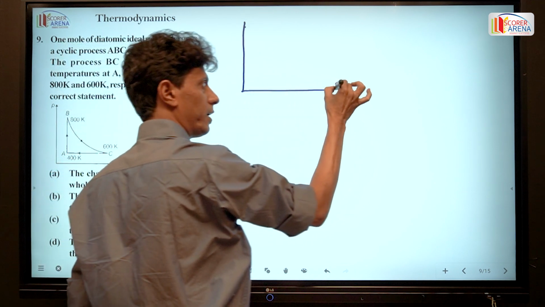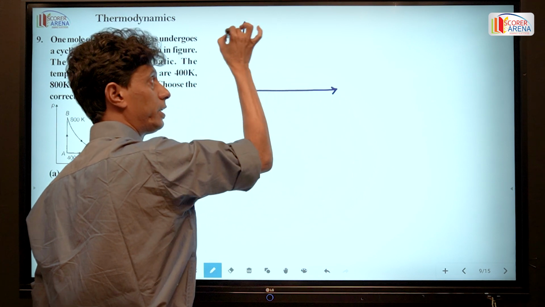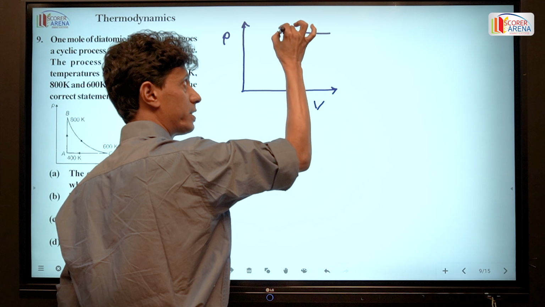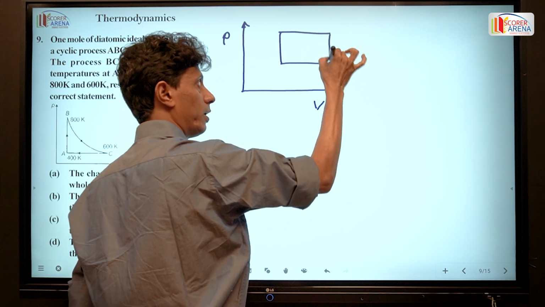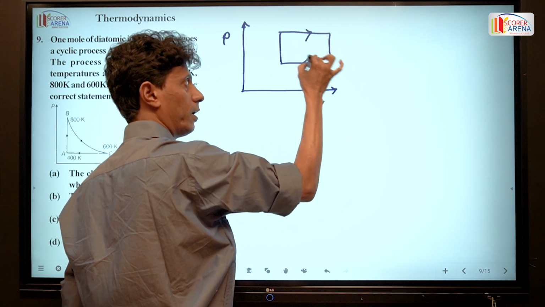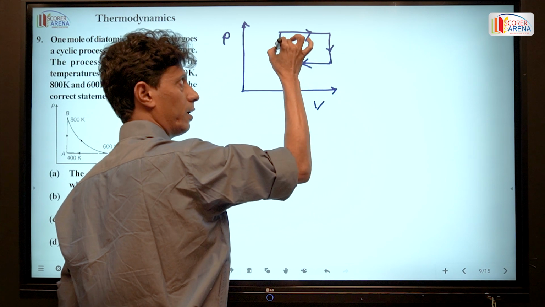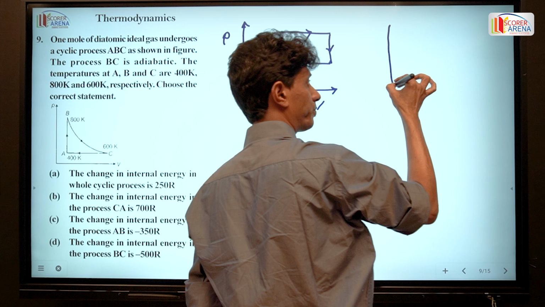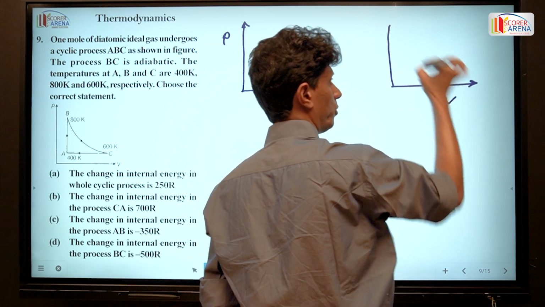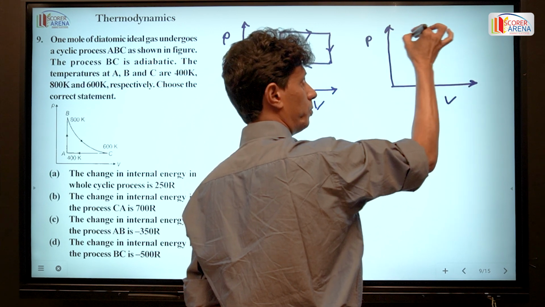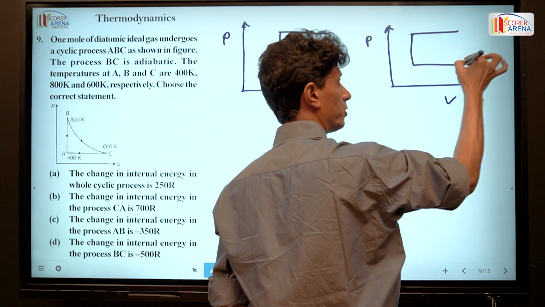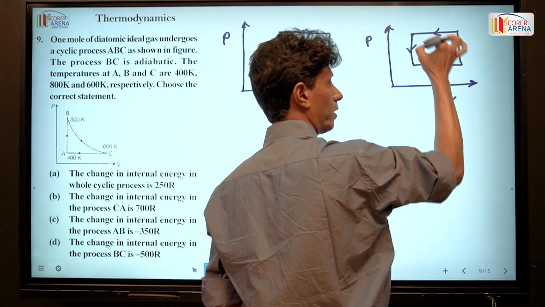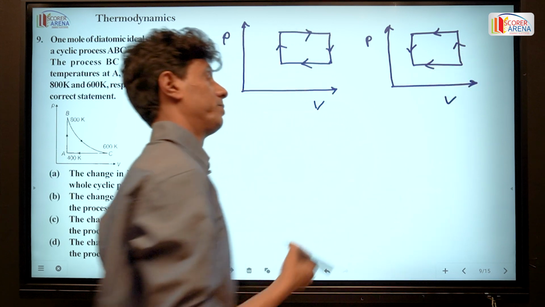On a PV graph, let us say one cyclic process is here, and another cyclic process is here, which is anticlockwise.